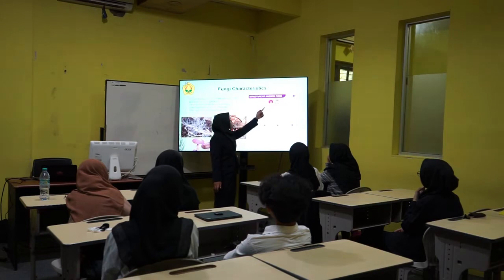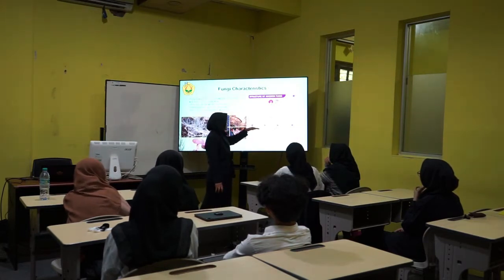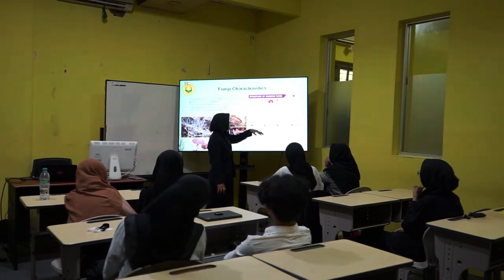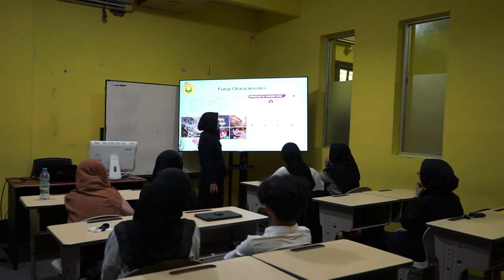Spores are contained in one big body part, easy to see without a microscope. The first part is the sporangium, which contains a lot of spores used as reproduction tools.